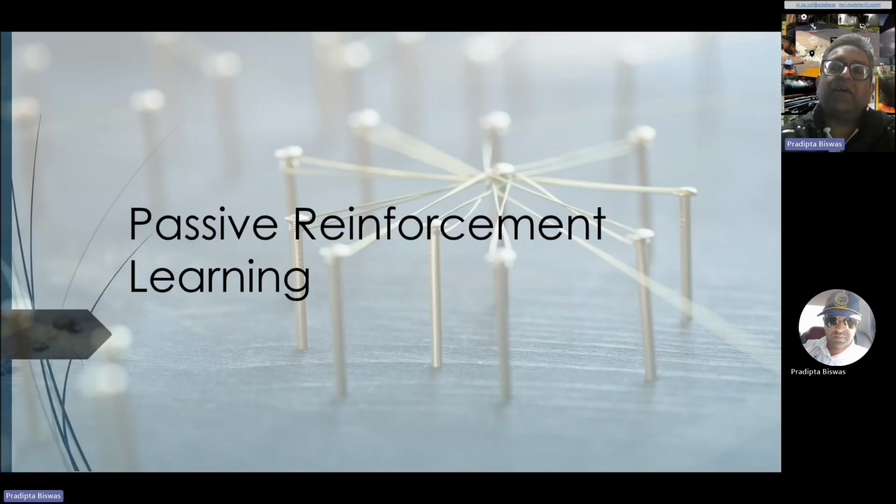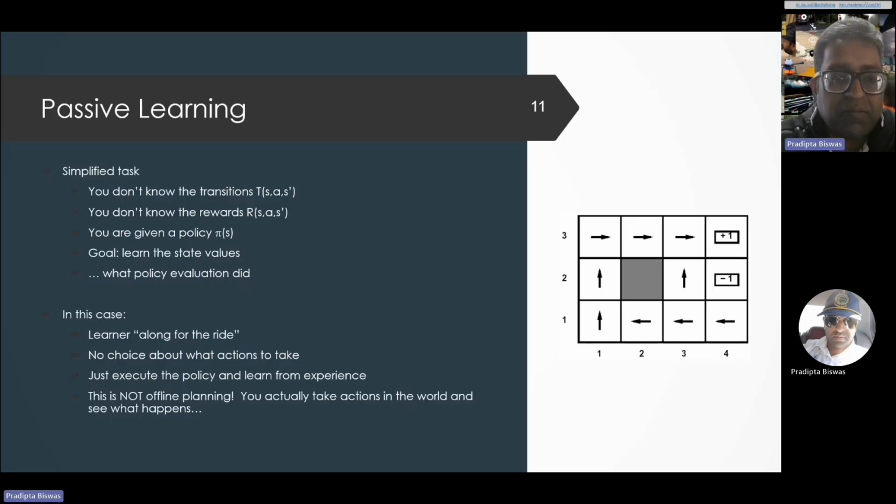So first we will talk about the passive reinforcement learning algorithms, because the active learning algorithms will be built on the concept of the passive reinforcement learning algorithms. And when we discuss them, we will again use this grid structure and we will assume that the agent is just following this policy. Just assume that somehow it initialized the policy with these values.